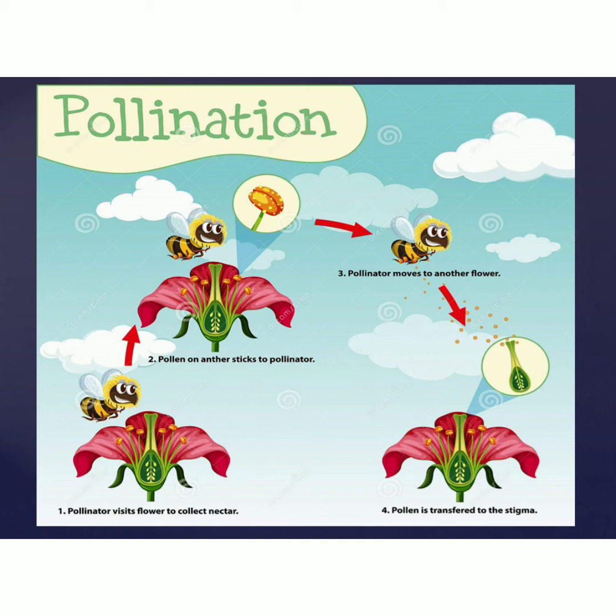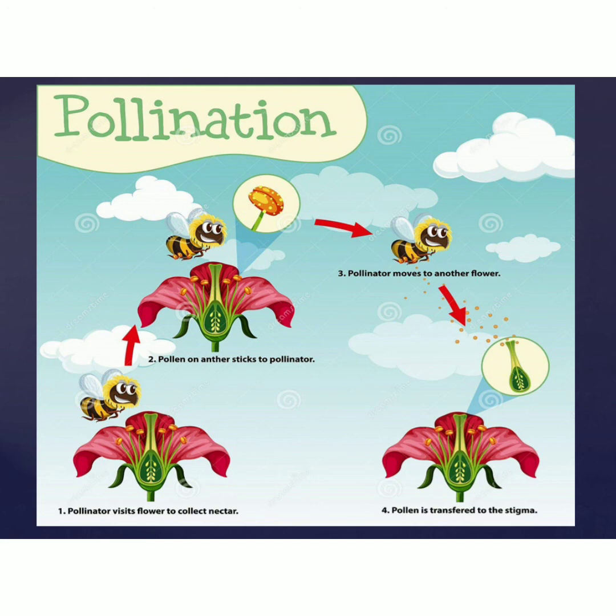In step 2, the pollen on the anther sticks to the pollinator. So when the bee comes to the flower to suck the nectar, the pollen grains get attached or get stuck to the feet or the body of the pollinator.